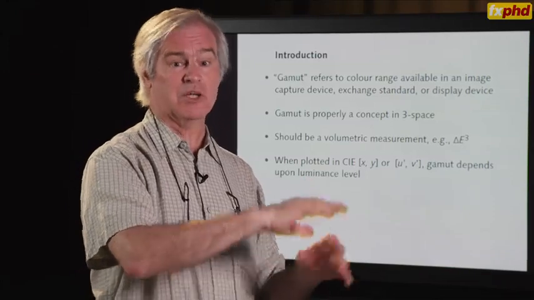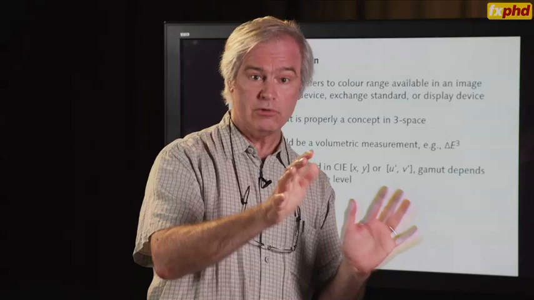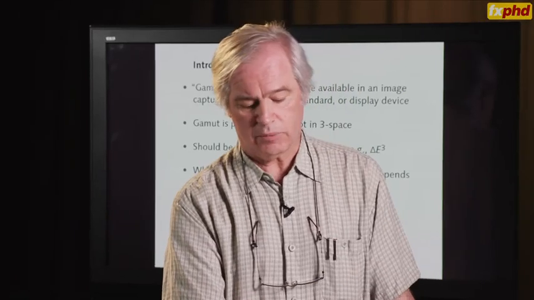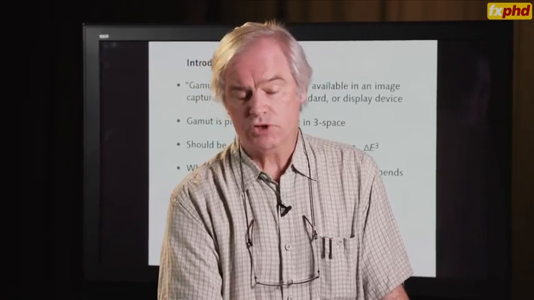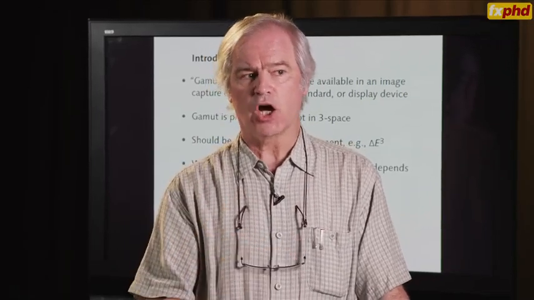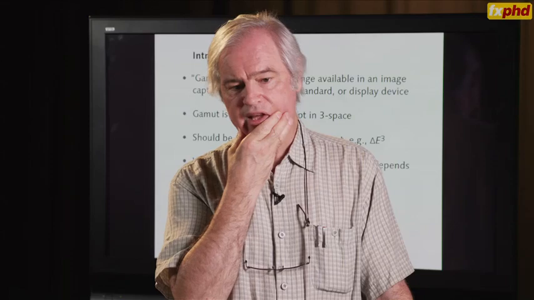It might encompass much more than just the unit RGB cube. So we need to talk about that issue in some detail. And I should warn you right up front that gamut is completely a concept in 3 space. You should really think of gamut as being a volume of colors.